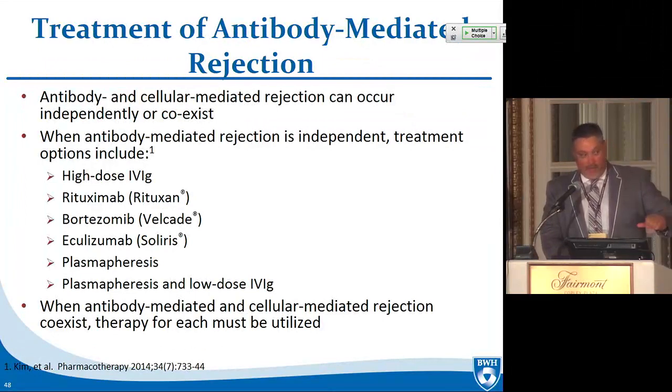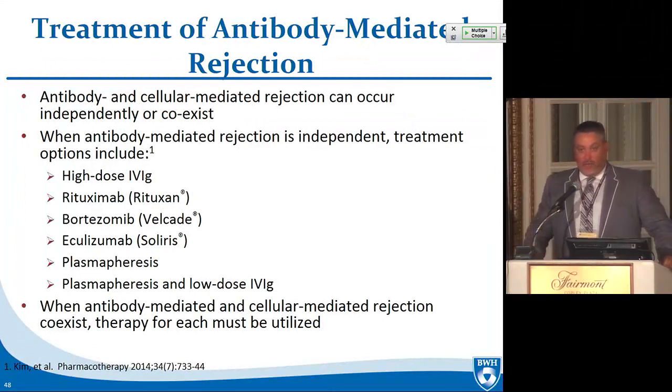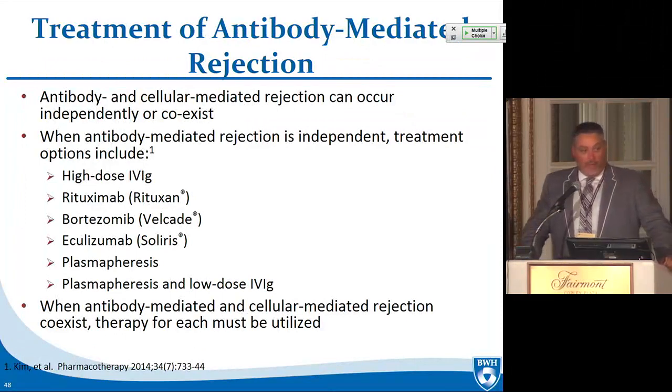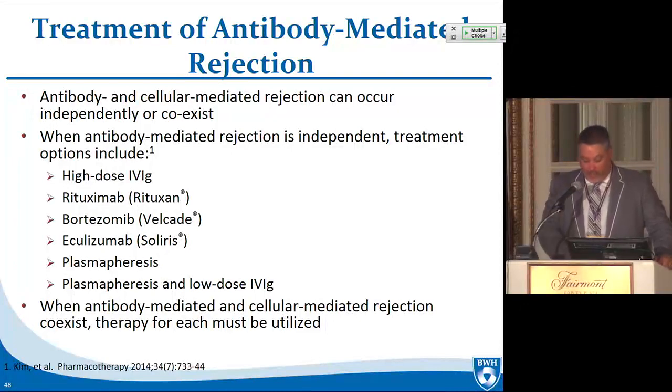And then finally, my last 2 slides, antibody-mediated rejection. It would be great to have a whole 45-minute discussion about the pharmacology of these particular agents, just because these are agents that are not traditionally used in transplant, but basically borrowed from other disciplines, mostly oncology, because they work on the humoral side of things.